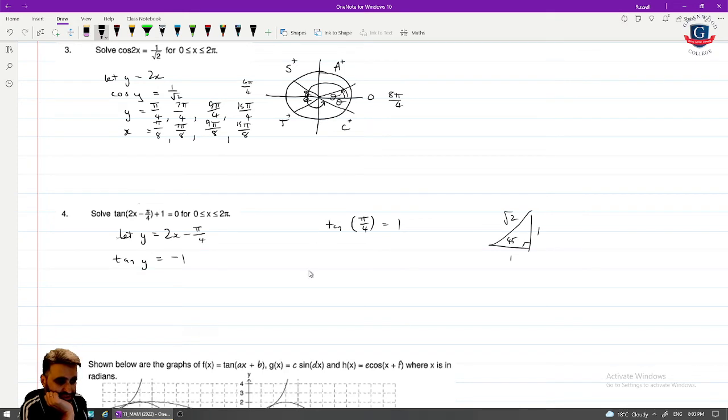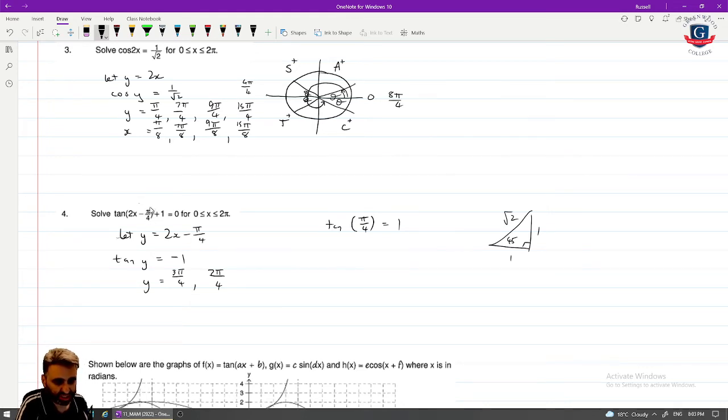That would be when y is equal to pi, oh, we want negative, don't we, not positive. It's negative over there, so that's going to be 3 pi on 4 and 7 pi on 4. Given this is 2x, we're probably going to have to go around a few times.